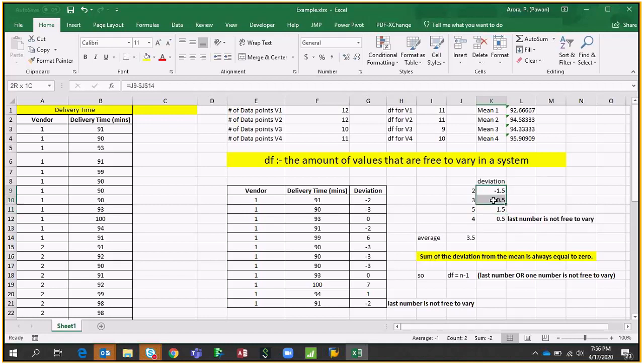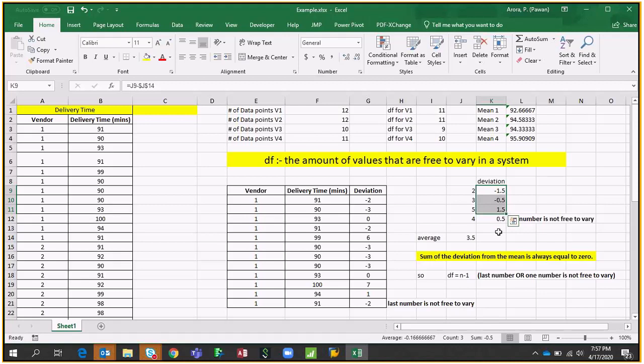Now if I sum these three numbers, it comes to minus 0.5. I know that the total sum of all four deviations is 0, as per the definition. But for these three deviations, the sum is minus 0.5. It means the last deviation will definitely be plus 0.5, which you can see here, right? Why? Because the sum is 0.